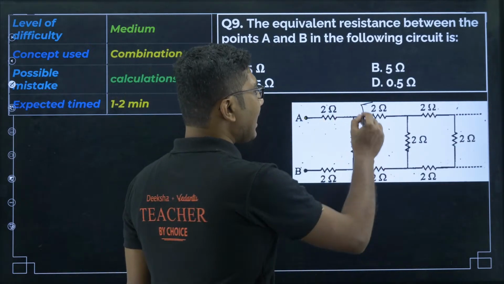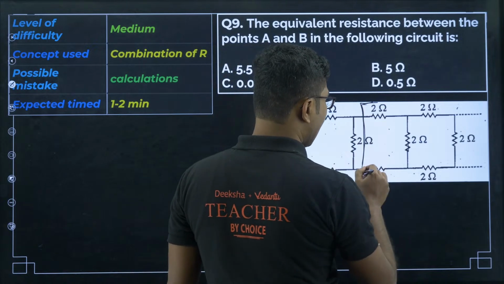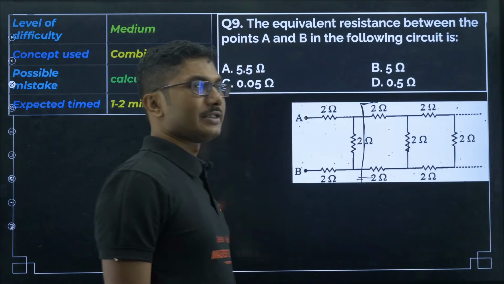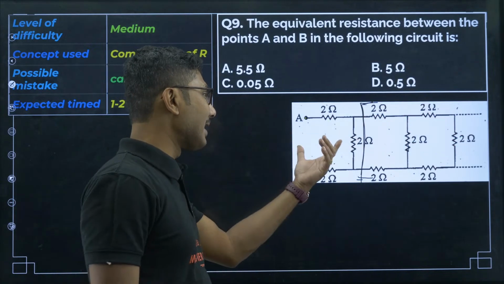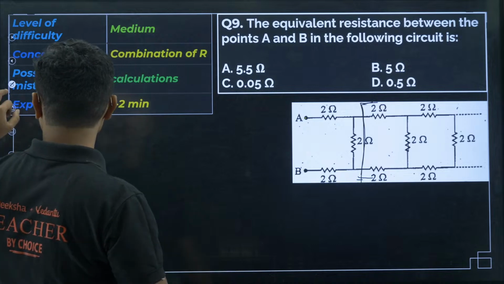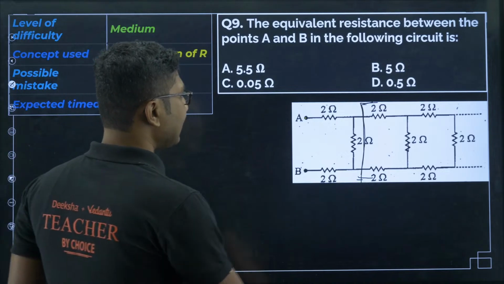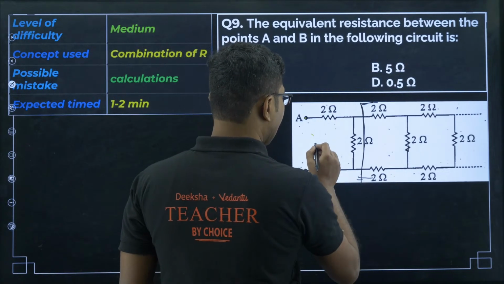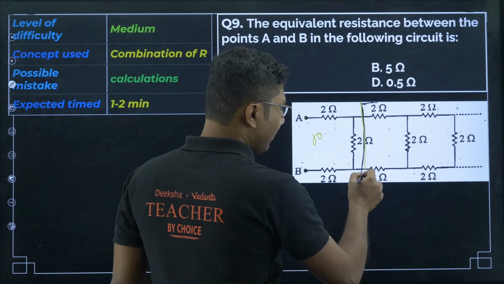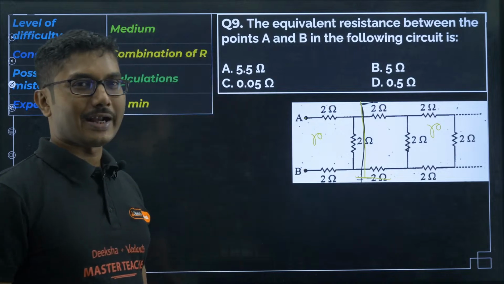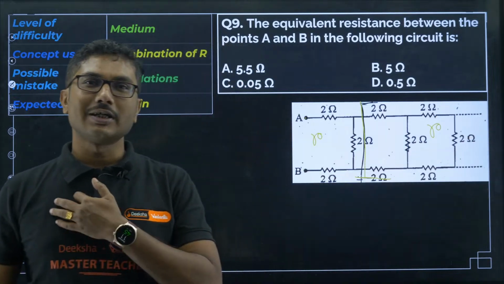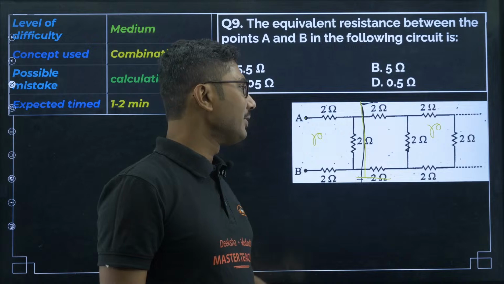So you can say that the resistance of this extra branch, if I remove this branch, will have the same resistance as the initial branch. So if I assume that the entire resistance of this circuit is R, then this cut branch will also have the resistance R because this is an infinitely long circuit. That is the approximation we will assume.